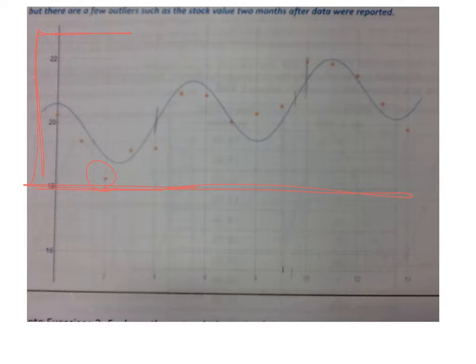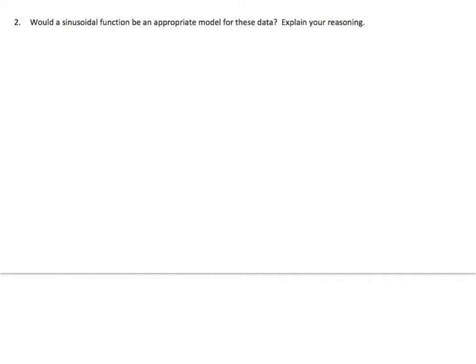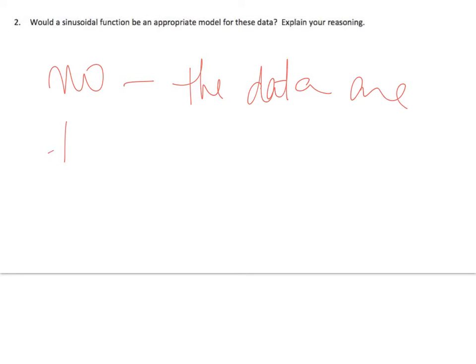But question 2 says, would a sinusoidal function be an appropriate model for this data? Explain your reasoning. I would say no. Not an appropriate model because the data are trending upward as time passes.